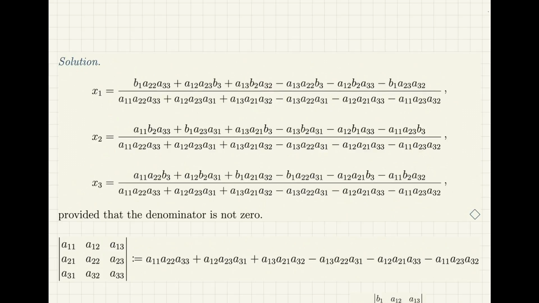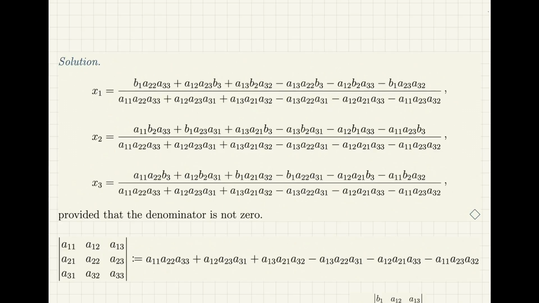Okay, let us now explore to see if this definition is as useful as it was in the previous case. In other words, let us see if this definition for a 3 by 3 determinant makes it possible to rewrite these messy relations in a more organized way. Yes.